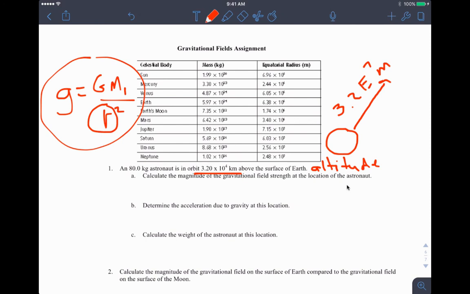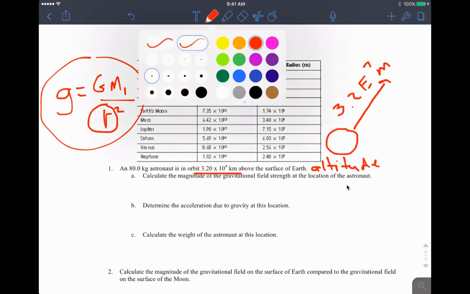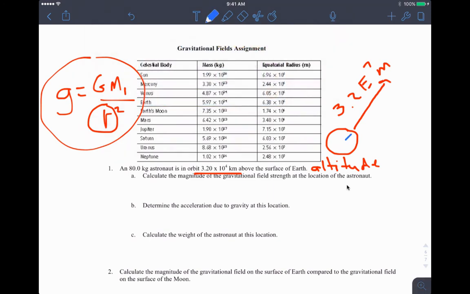We already know the mass of the Earth. We can get that from the table right above or your planetary data table, which is on your formula sheet. But the kicker is this: you also need to add the radius of the Earth. Because that radius r, and I'm sorry I'm using r again, is the same as for separation distance. You need the entire distance for the separation distance, r.